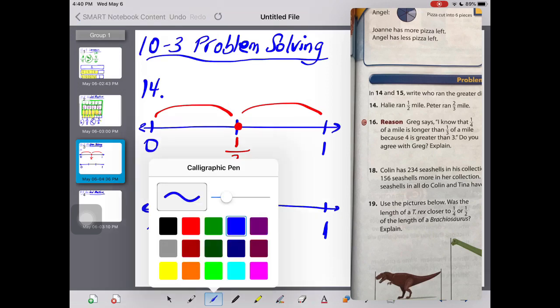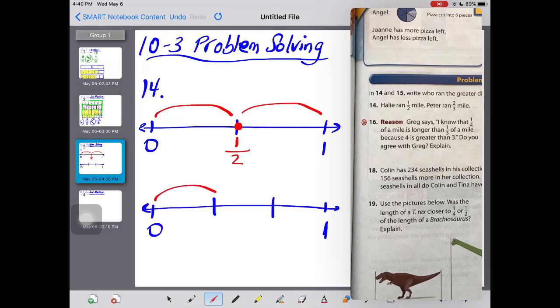Close enough. All right, so we have now 3 equal parts, 1, 2, and 3. So we can label this. We have 0. First part is 1/3, right? 1 out of 3. And then the next part is 2/3. And then, of course, the last one is 3/3 for the 1 whole.